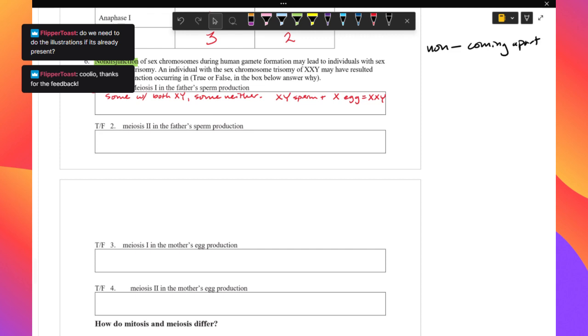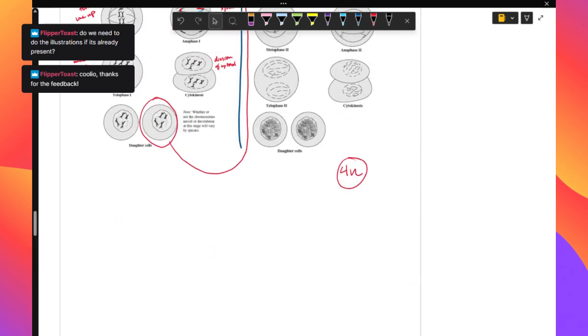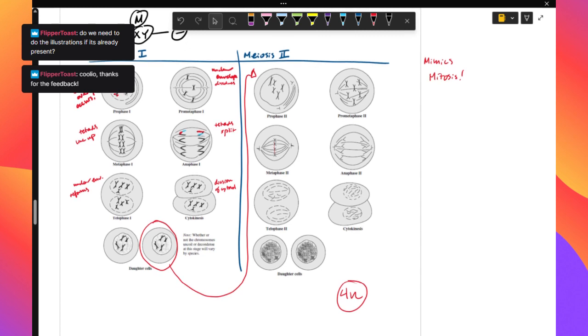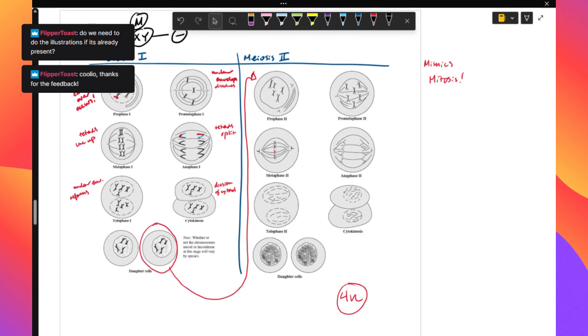So could we get this non-disjunction in meiosis 2 in the father's sperm production? This would be false. So meiosis 2, we're looking up here.